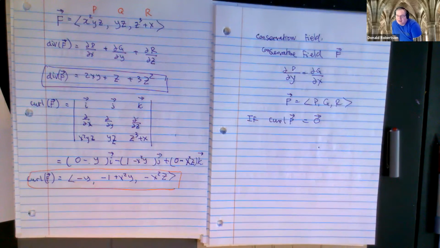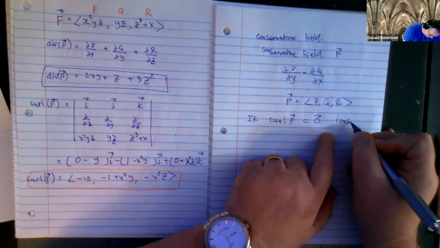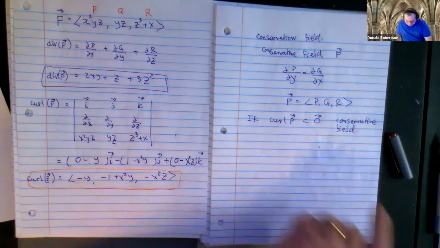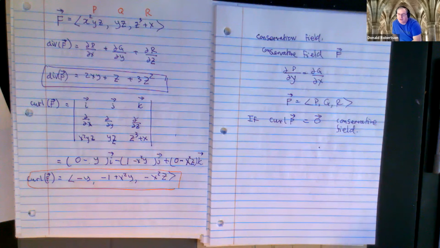If the curl of F is the zero vector, 0, 0, 0, you have a conservative field. Don't we like conservative fields? Because conservative fields allow us to do line integrals, don't they? Because all you need to worry about is where does it start and where does it finish? And that's a pretty important shortcut to be able to do.